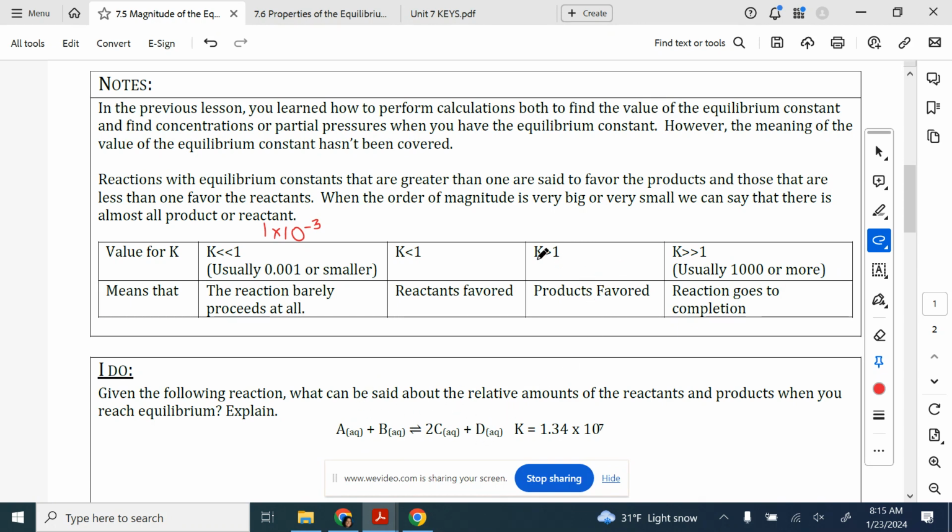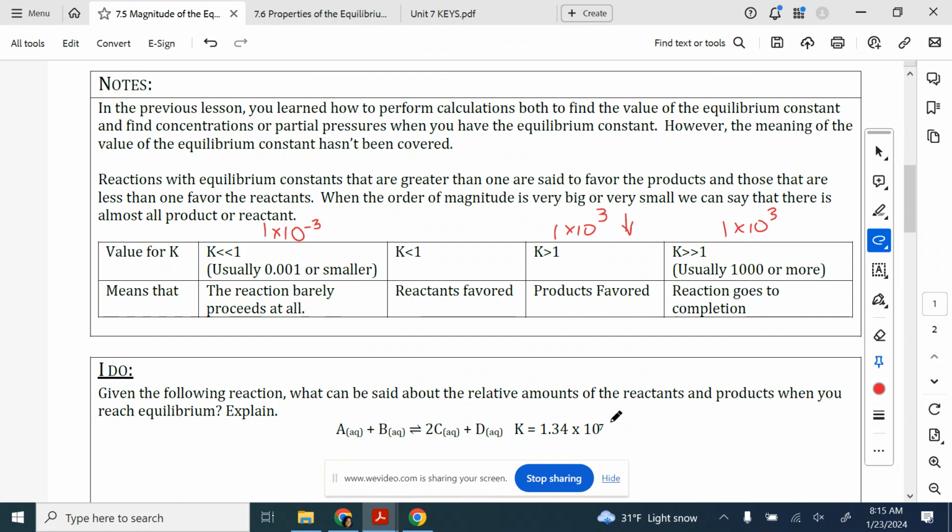And then obviously the opposite is true. So 1 times 10 to the 3 or more is typically going to be products favored, and anything greater than 1,000, which is 1 times 10 to the 3, is essentially considered to go to completion. There's very little left of the reactants.